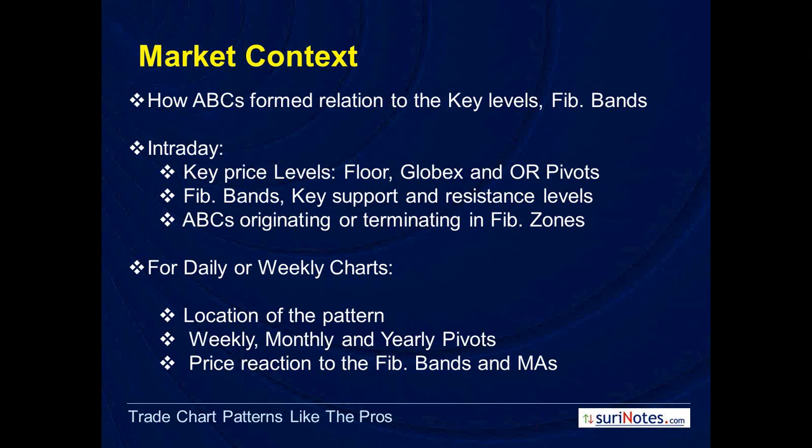I'm trying to see how these points in ABC are formed. So I lay down something called fib bands. Fib bands are Fibonacci bands, and they take a key moving average, adjust for the volatility, and then we use that to distribute different levels of fib ratios from the key level. I'll show you a fib bands chart also.